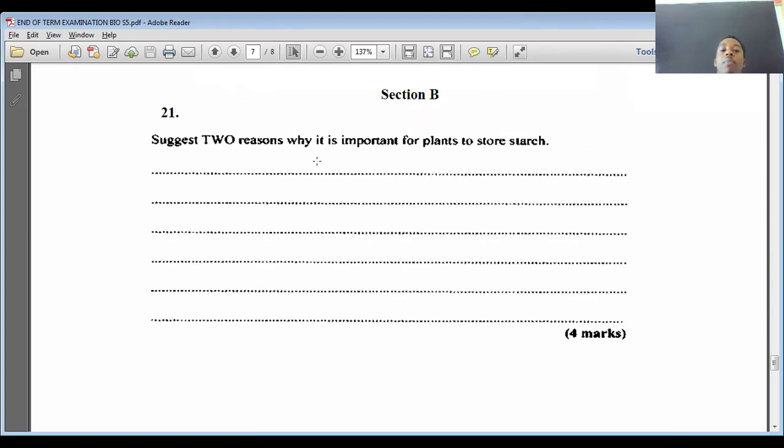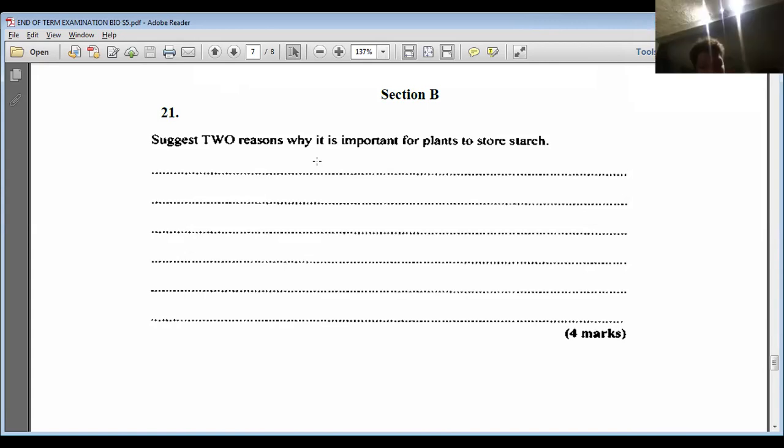All right, there are two reasons why it is important for a plant to store starch. To use at later times, for energy. Another reason is that starch is insoluble and glucose is soluble.